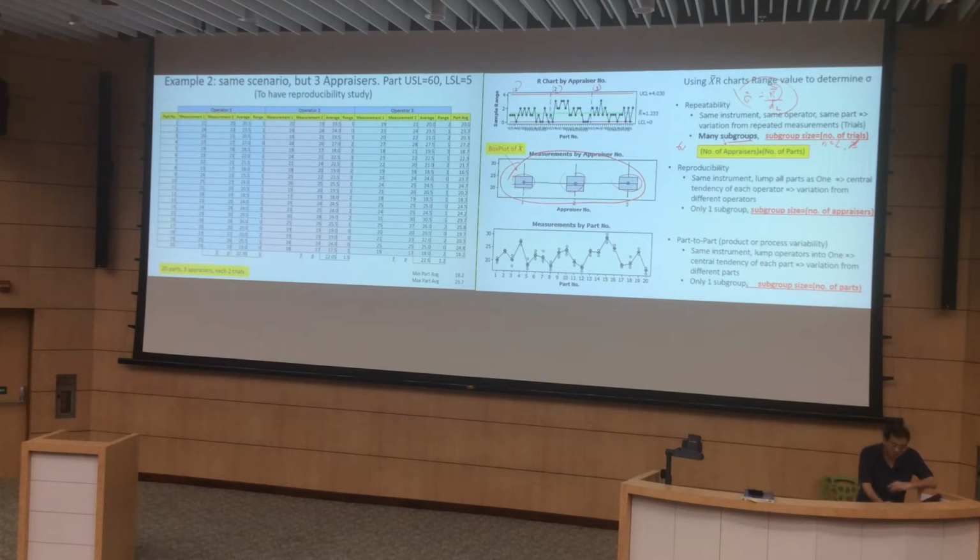So you still try to use this equation here. The way it could be is that we have only one group, but the subgroup size is the number of operators, so this is 3. They try to make use of this X bar R chart arrangement and these equations to get it.